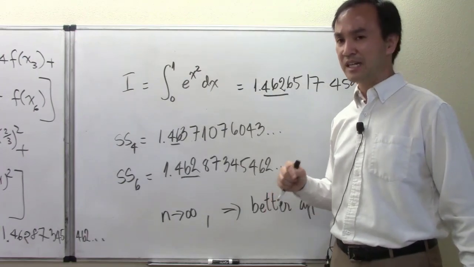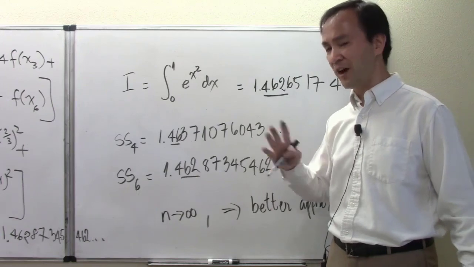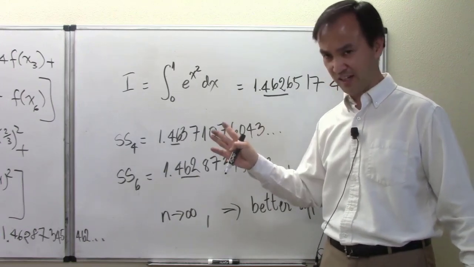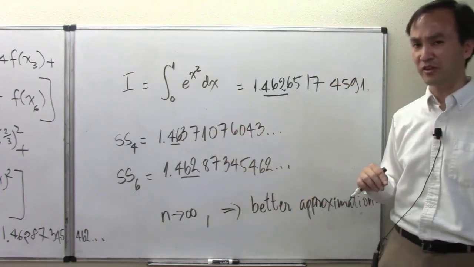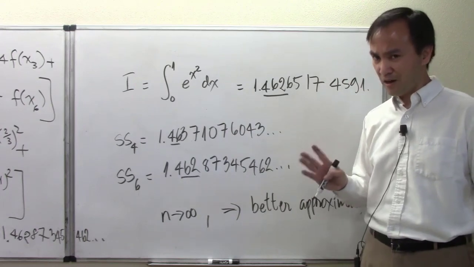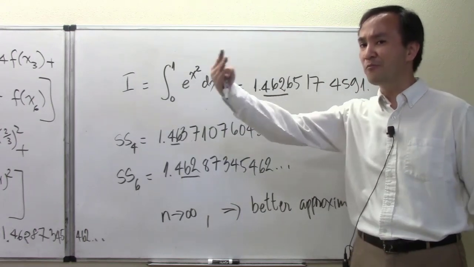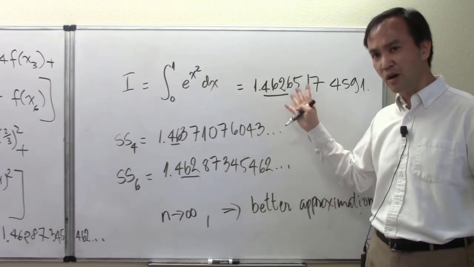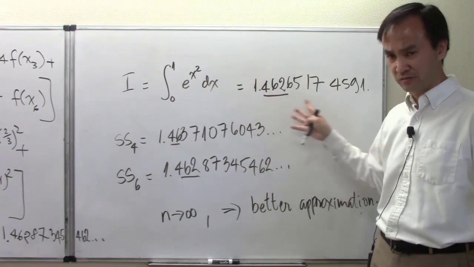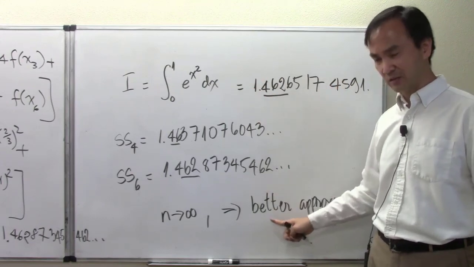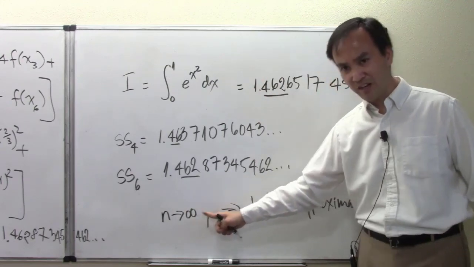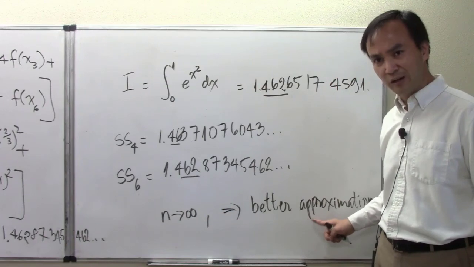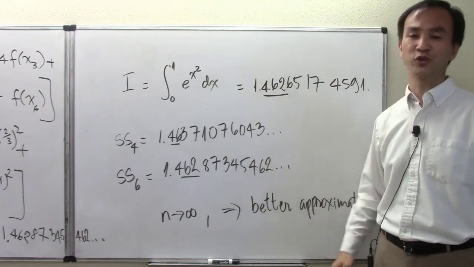Unlike many other approximation methods for other kinds of work, where we know we're approximating but are not even sure where our real target is. Here we know our real target. We just don't know how to calculate that actual final target, but we know that the more we keep increasing the number of subintervals, the closer we get to the target. That's one thing for sure.